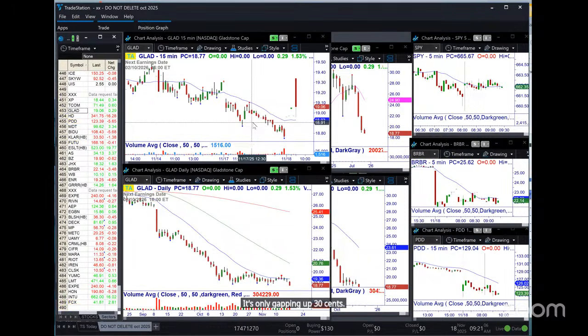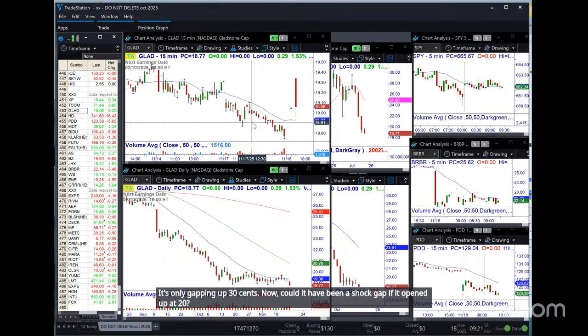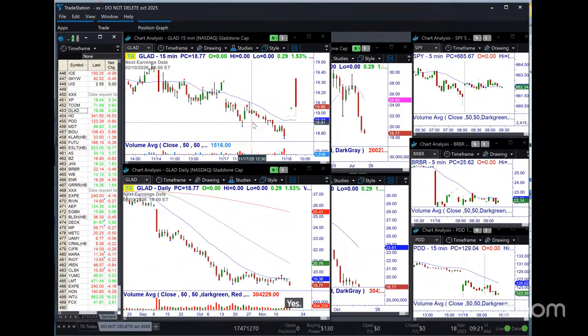Now, could it have been a shock gap if it opened up at 20? Yes. But it didn't, and it's not. But I'll set an alarm at 1950 anyway. And what did I say? 1890 on the low side.